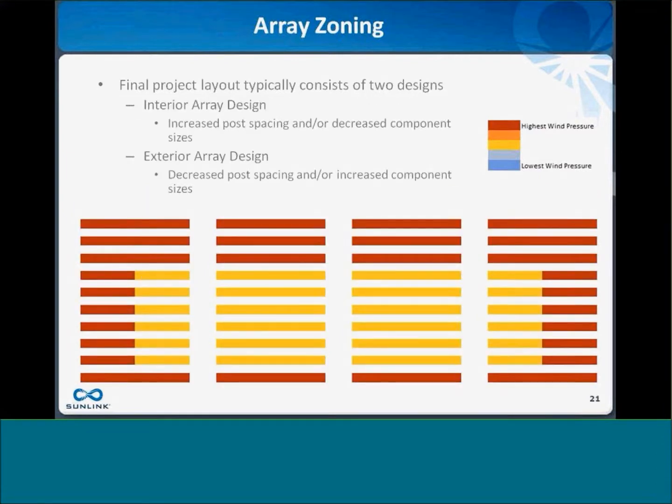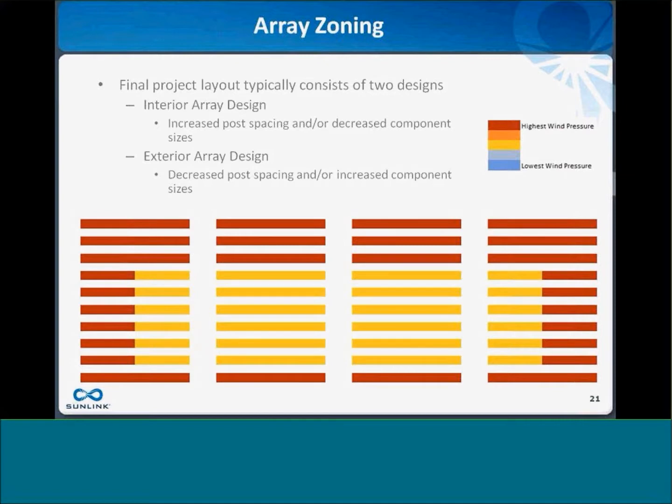And so what that results in is a project layout that typically consists of two zones or two designs. An interior array design, which has an increased post spacing or a decreased component size, depending on which optimization pattern ends up being the best for your project, as well as an exterior array design, which has a decreased post spacing or increased component size.